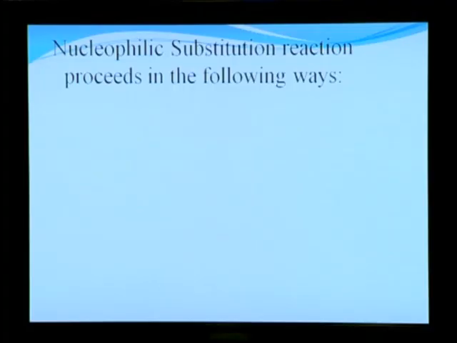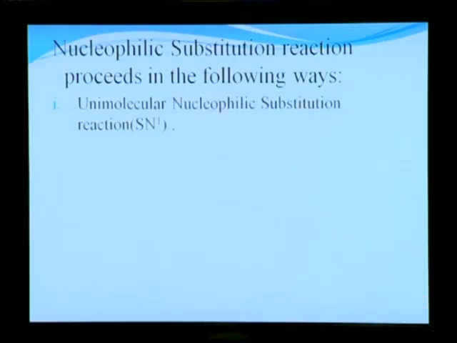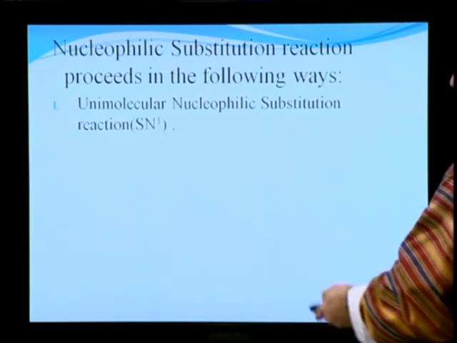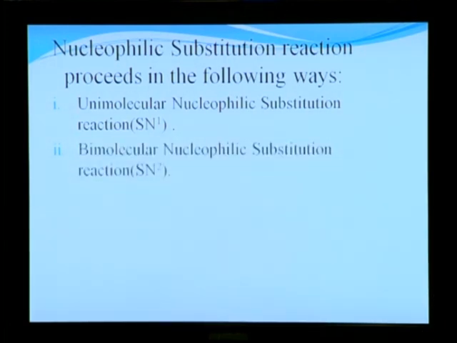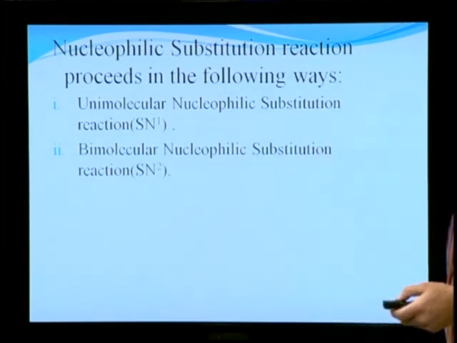Now, nucleophilic substitution reactions proceed in the following way. First, it can proceed through a unimolecular nucleophilic substitution reaction, which is known as SN1, or it can proceed through a bimolecular nucleophilic substitution reaction, which is known as SN2.